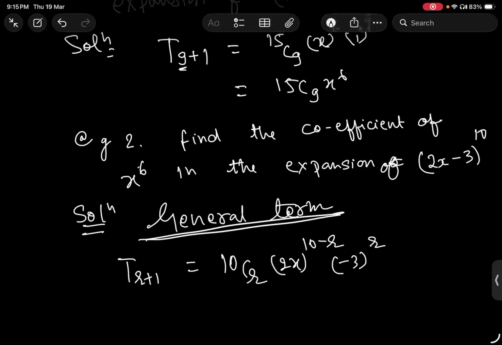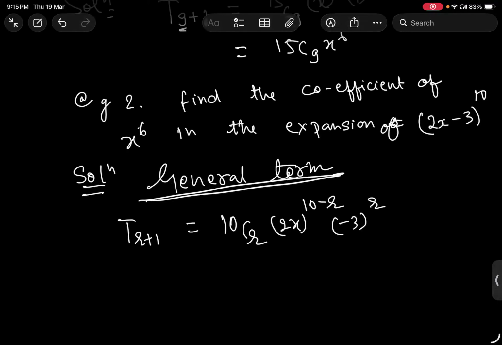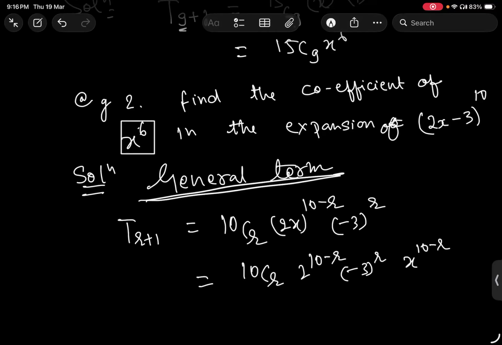Now it depends upon r whether it has a negative or positive value. So 10Cr and 2^(10-r) can be written separately, and also (-3)^r and x^(10-r). Now we have to find the coefficient of x to the power 6, right?